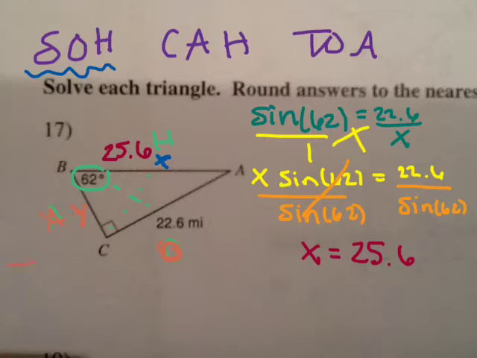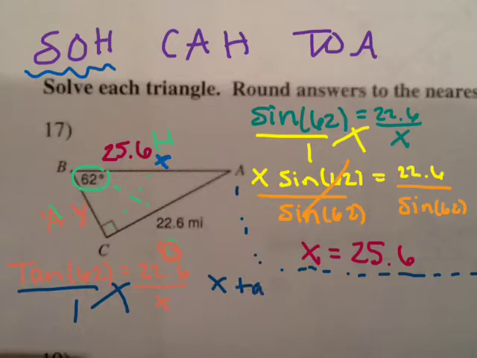So we can say the tangent of that same angle is equal to the opposite over the adjacent. And you do the same steps. Put it over 1, cross multiply. So we end up getting x tan of 62 is equal to 22.6.